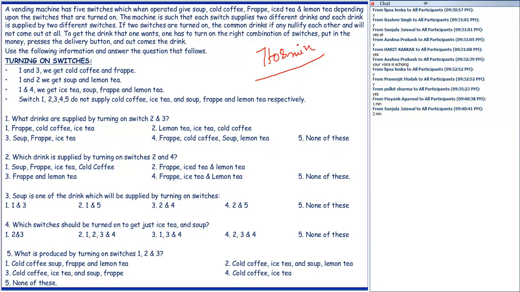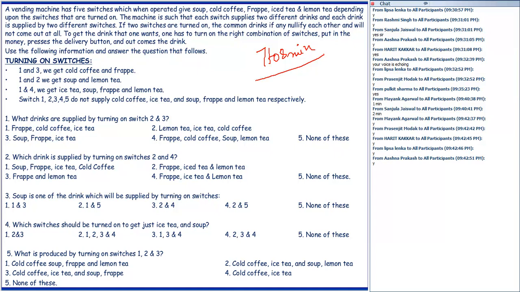Please tell me yes or no. Okay. Let's start now.